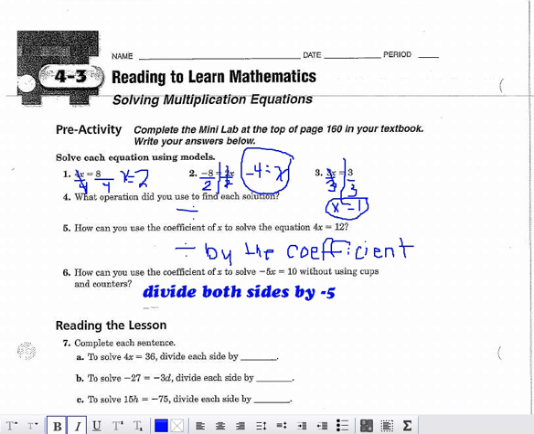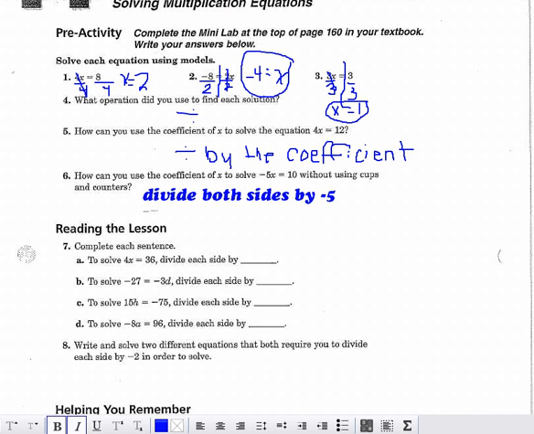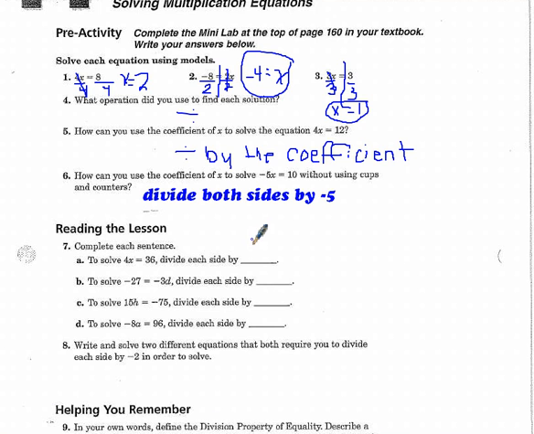Okay, let's finish up with these questions here. Complete each sentence. To solve 4x equals 36, divide each side by 4. To solve negative 27 equals negative 3d, divide each side by negative 3.